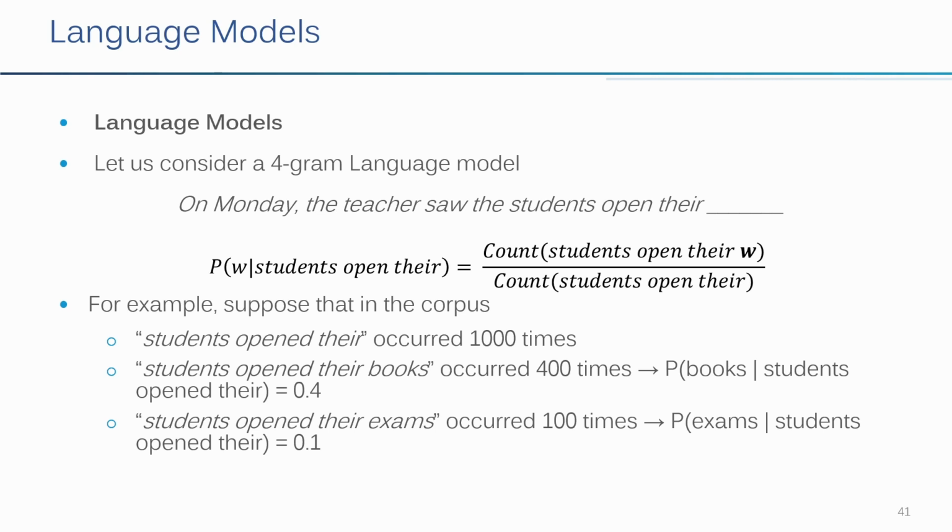If you're lucky enough and your data shows that, you're going to be able to calculate the probability of this unseen word. So considering that the context appeared just 1,000 times and books appeared 400 times, you have 40% for the next word being books, and 10% for the word being exams if it occurred only 100 times in this specific corpus slash example. Oh yeah, we don't need to look at the entire thing, just a little bit ahead.